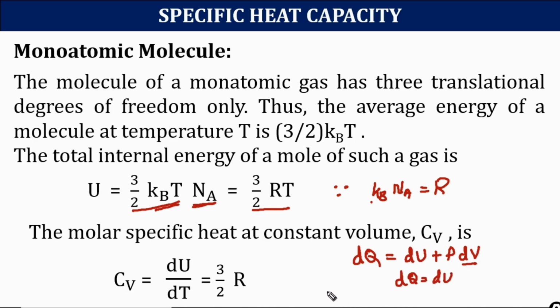By the definition of specific heat capacity, Cv should be equal to dQ by dT for 1 mole of substance. Since mu is equal to 1, this equation is obtained. Substituting, and also knowing that U is equal to 3 by 2 RT, dU by dT will be equal to 3 by 2 R. Cv should be equal to 3 by 2 R.